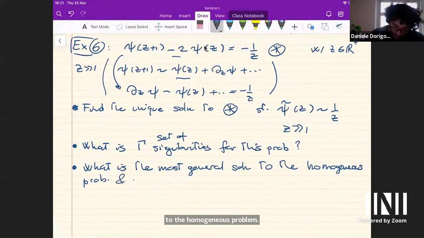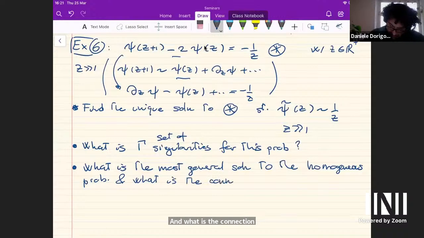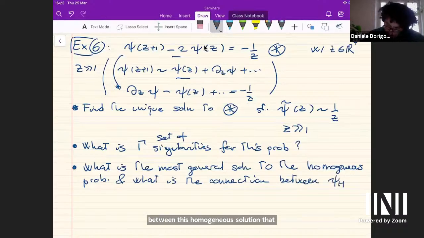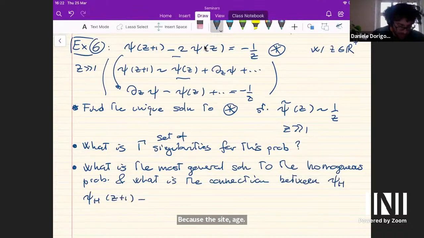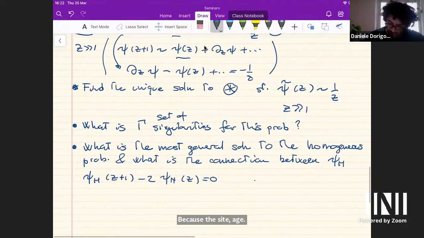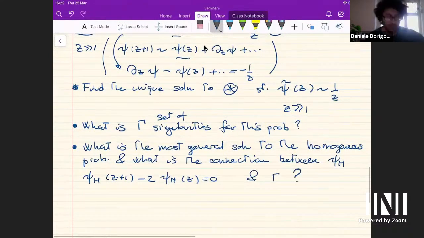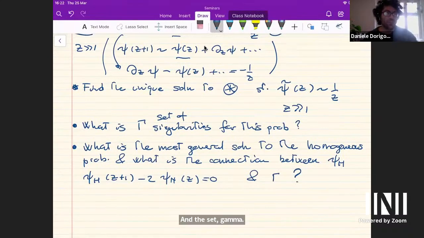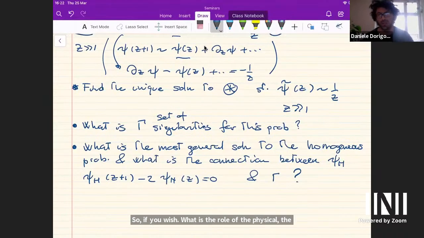And what is the connection between this homogeneous solution, let me call it psi h, so psi h solves psi h of z plus 1 minus 2 psi h of z equal to 0. What is the connection between this solution and the set gamma? If you wish, what is the physical role of the singularities in this case?